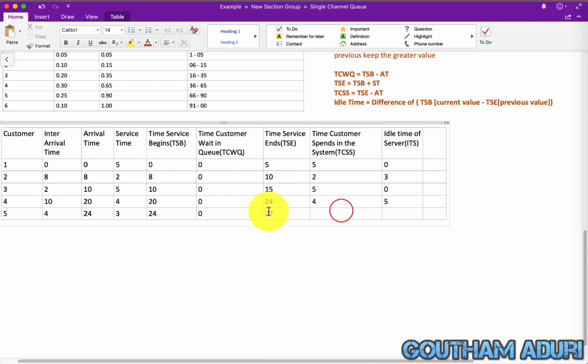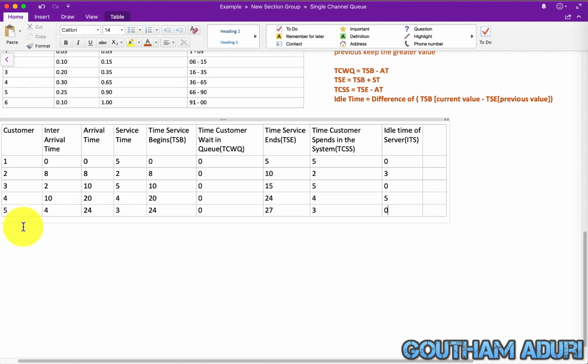Time customer spends in the system, time service ends minus arrival time, 27 minus 24 is 3. And the idle time of the server is time service begins minus time service ends, so it's 24 minus 24, 0.